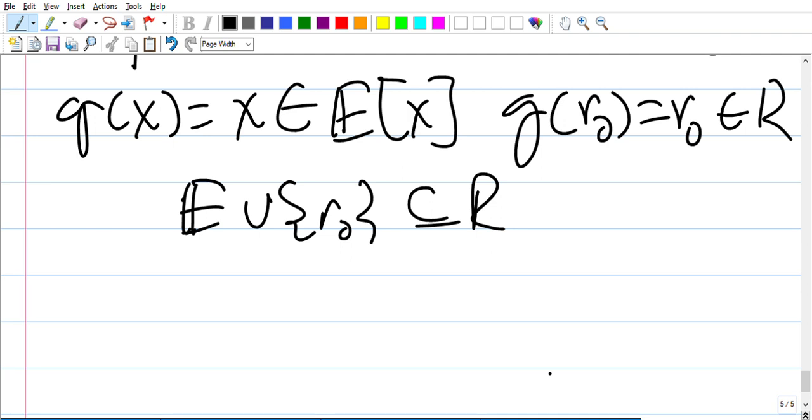Now, R is not just an arbitrary ring. Since it is sitting inside a field, it's actually an integral domain.